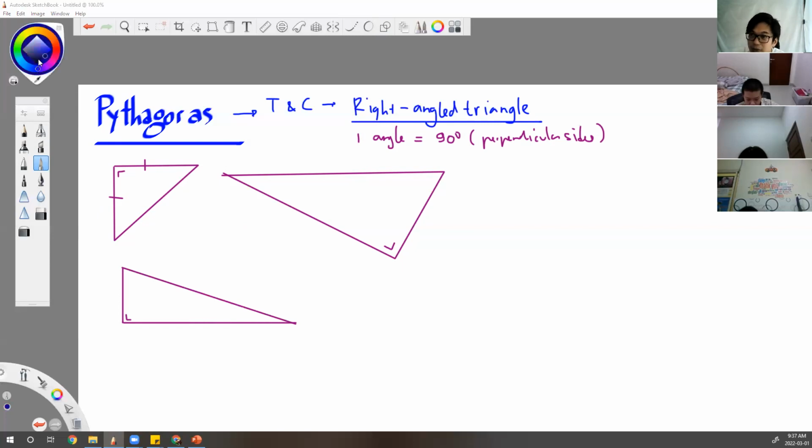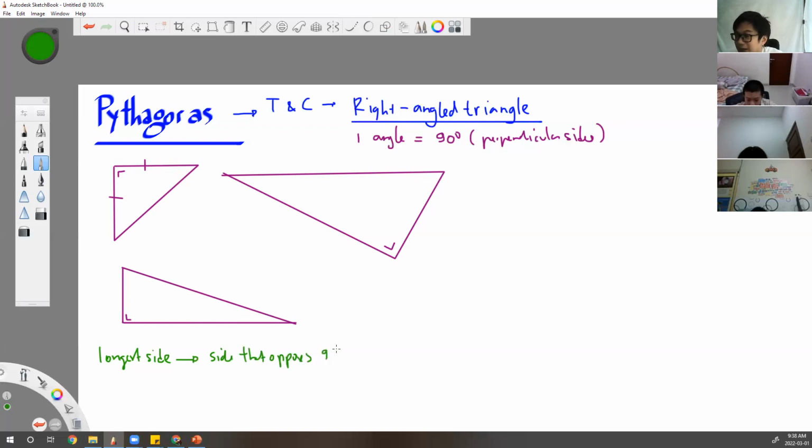Okay, so now we need to know the terms. In a Pythagoras rule, the longest side is always opposite the 90 degree angle. So the side that opposes the 90 degrees is the longest side. I name it, make the line.